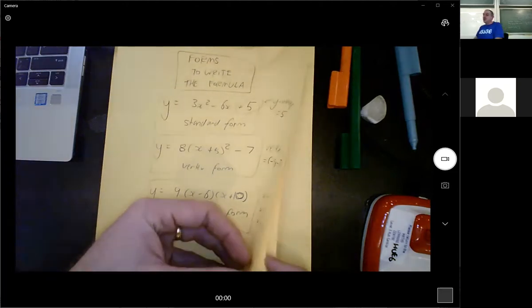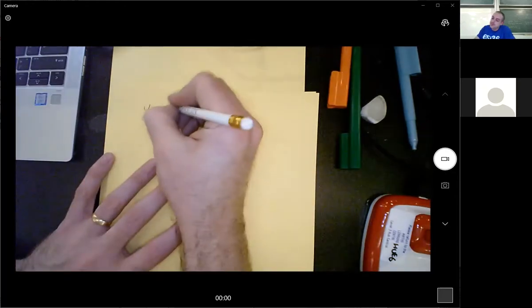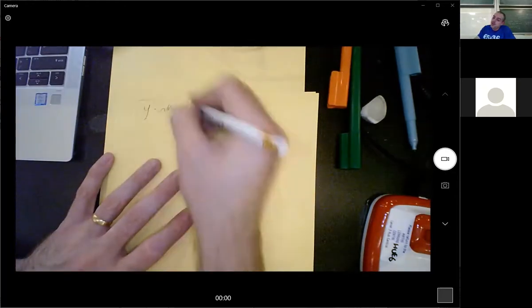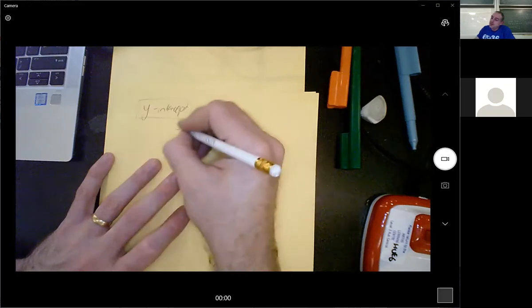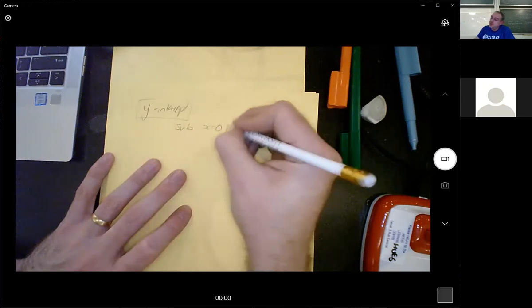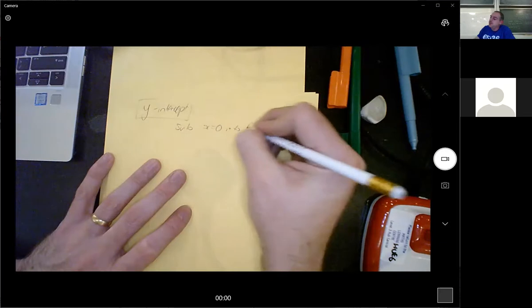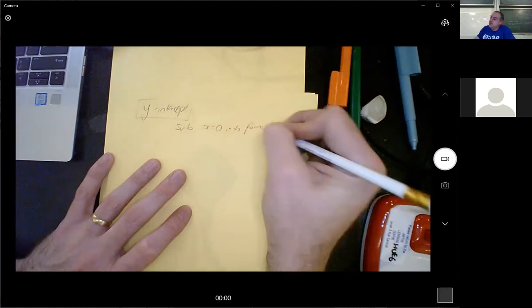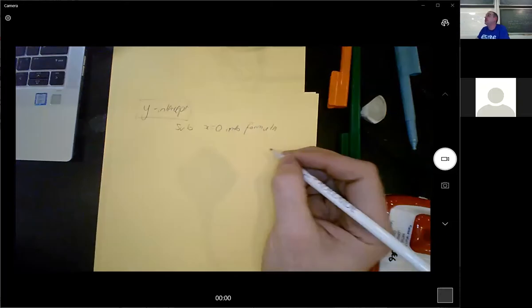So no matter what form it's written in, the y-intercept is always calculated by substituting x equals 0 into the formula. And that is how you find the y-intercept of any function of any kind.